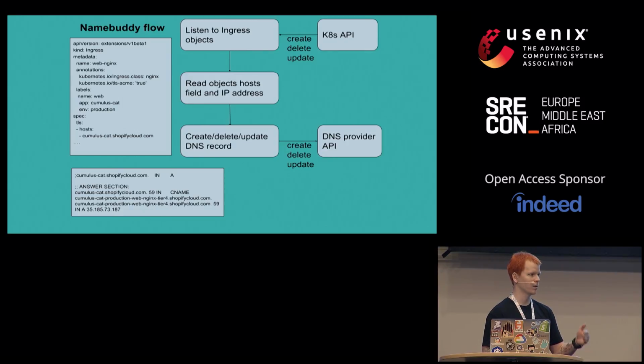It creates a watcher and watches for any events on ingress objects: create, delete, update. It looks at the ingress object's metadata like host fields, and based on that, it calls, in our case, Google Cloud DNS API, but it doesn't really matter what API that is, and creates, edits, updates, whatever, those DNS records. So our original implementation of this was less than 100 lines.